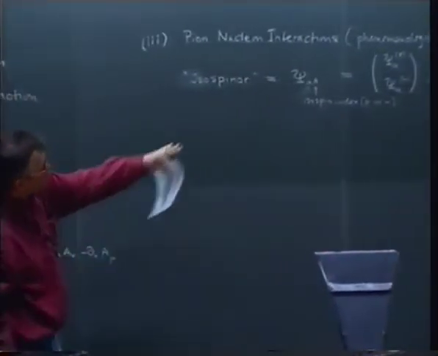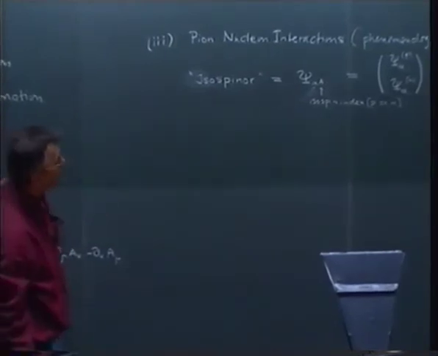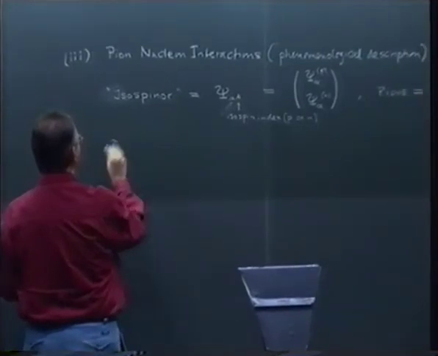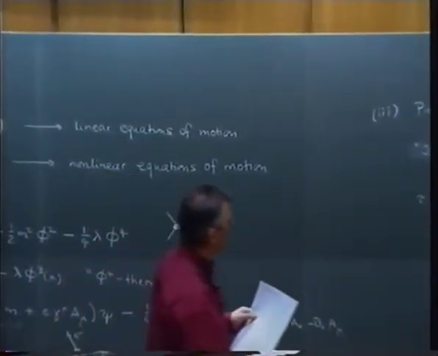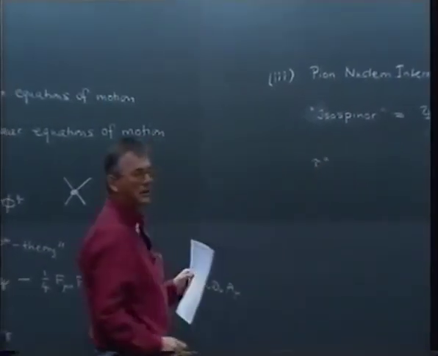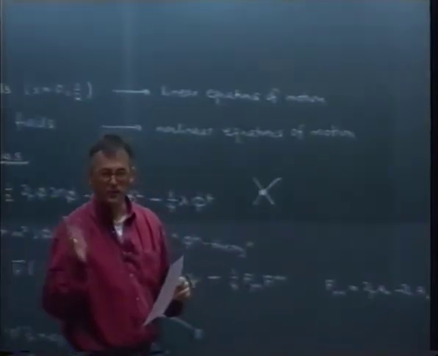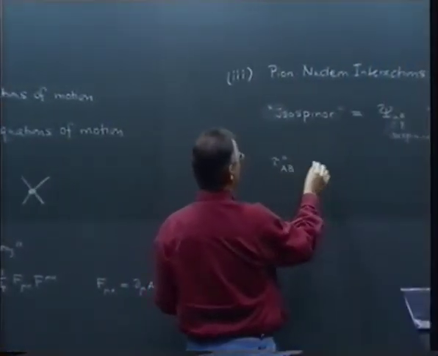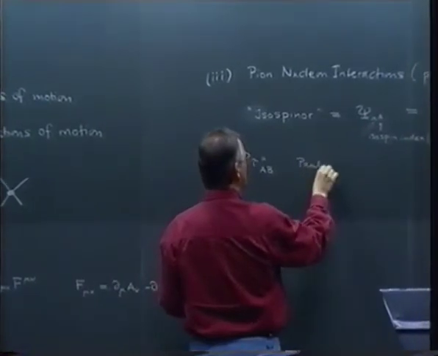And in order to do this, we must couple these indices somehow, and we have to use Pauli matrices for that. Now normally we designate Pauli matrices with the letter sigma, but here we do it with the letter tau just to make clear that this acts on isospin indices. So the tau AB are just the Pauli matrices.